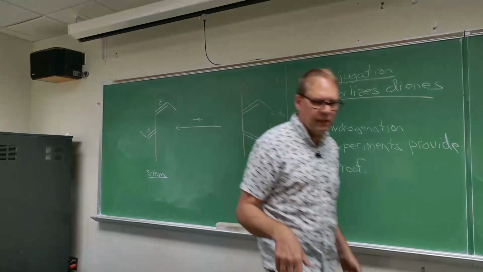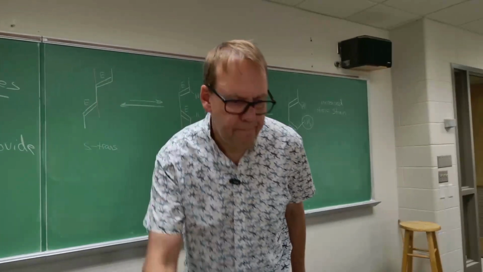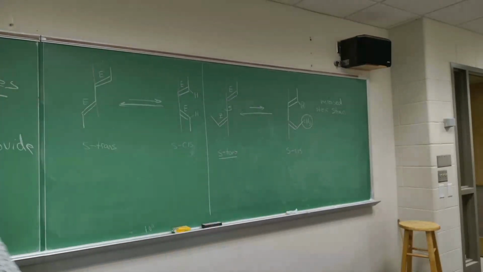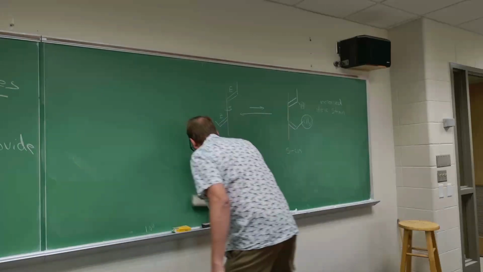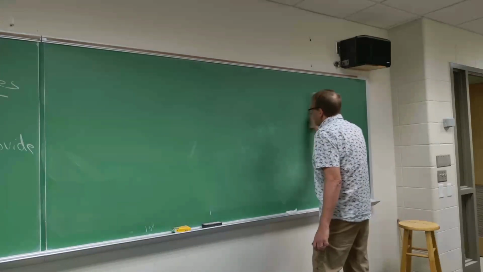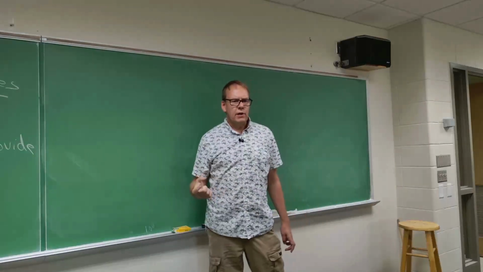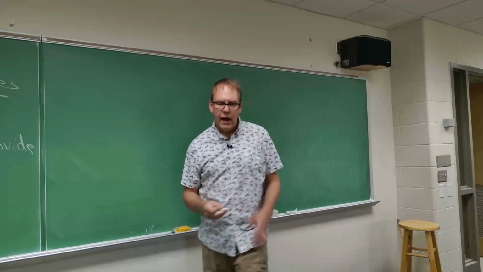And let me just explain the experiments that are done, or were done. So you probably remember back when we were talking about reduction reactions, right after we got done talking about NMR spectroscopy, we talked about reductions, and the first reaction we talked about was hydrogenation of alkenes.